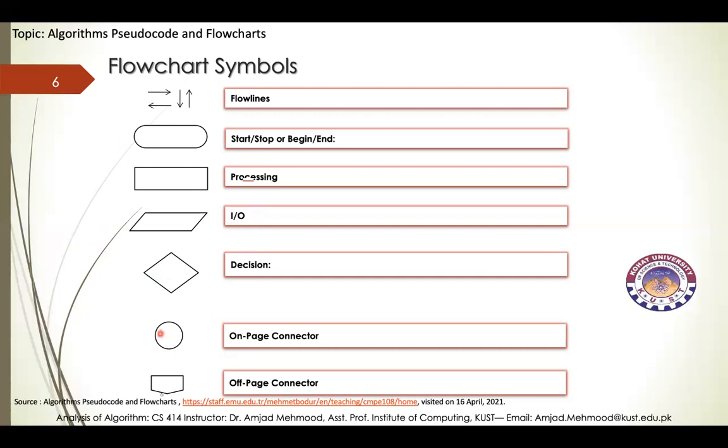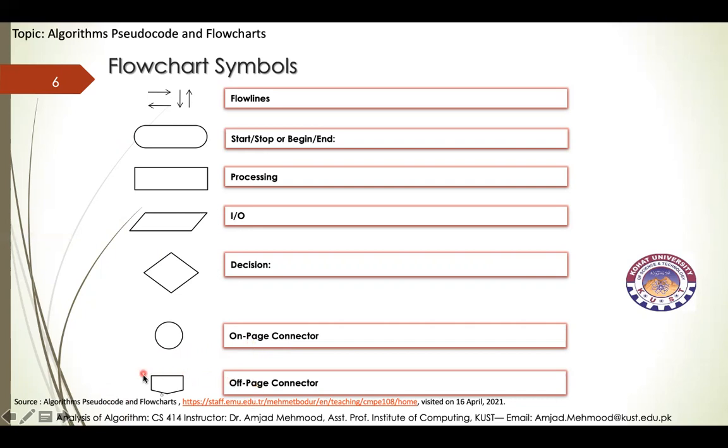And this is the connector. For example, if you want to show an algorithm which is longer vertically, and the page is over, then you can use this symbol on the same page to connect your algorithm.